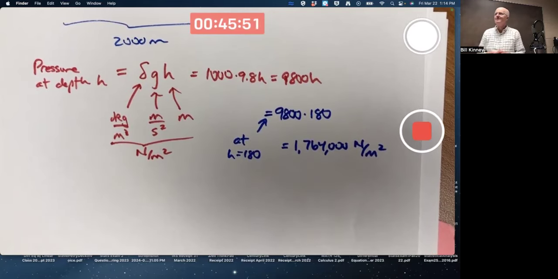Pressure, physicists tell us, and I believe them, thinking about molecules, gets exerted in every direction. So this would be a downward pressure on a thin sheet of metal sitting horizontally in the water at that depth, say slightly above the ground.